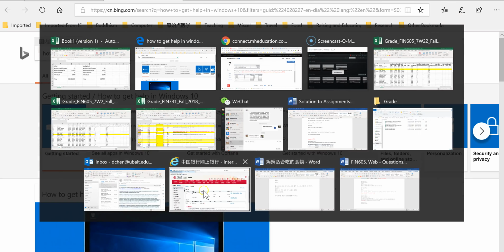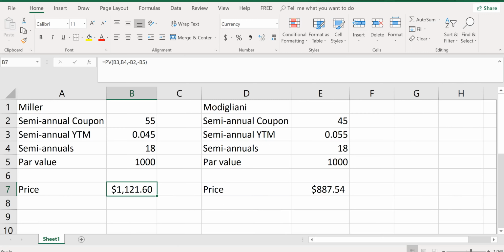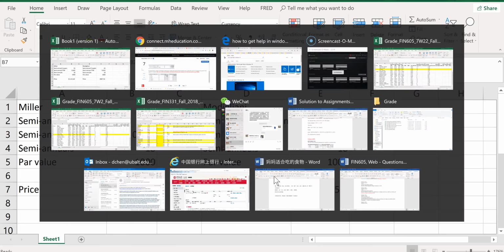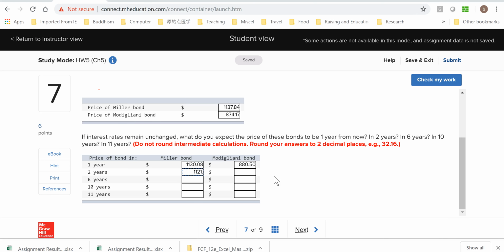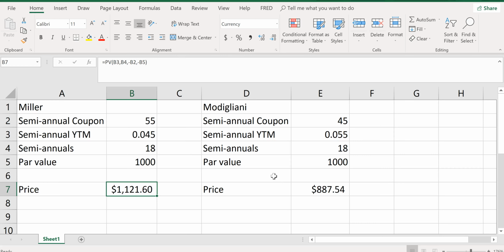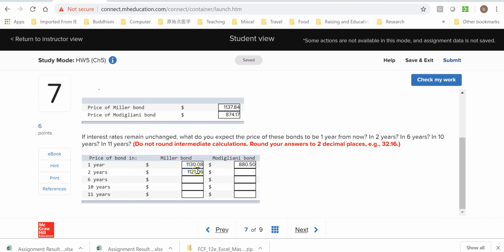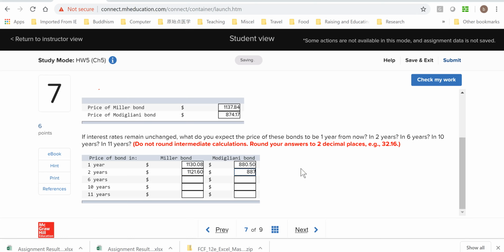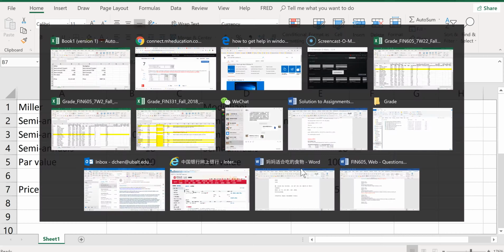So the price will be 1,121.08 for Miller, and the price for Modigliani will be 887.54.